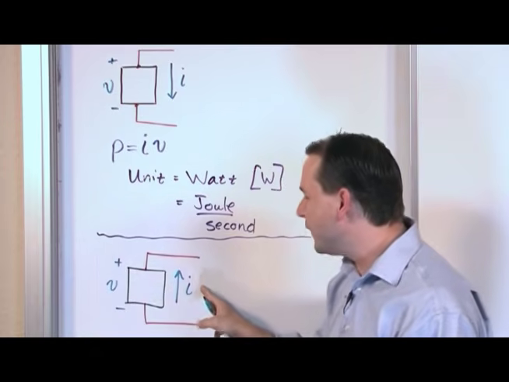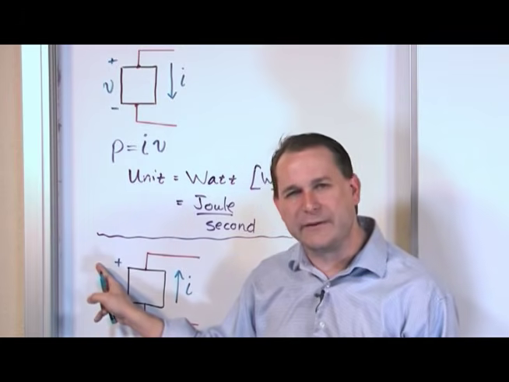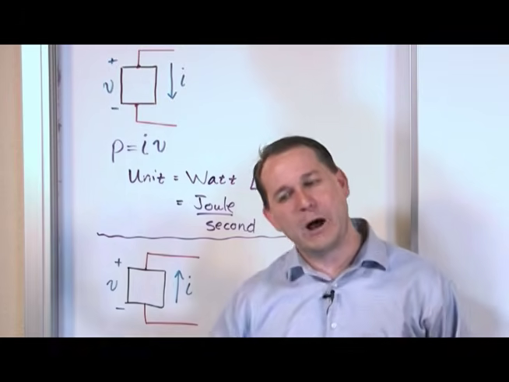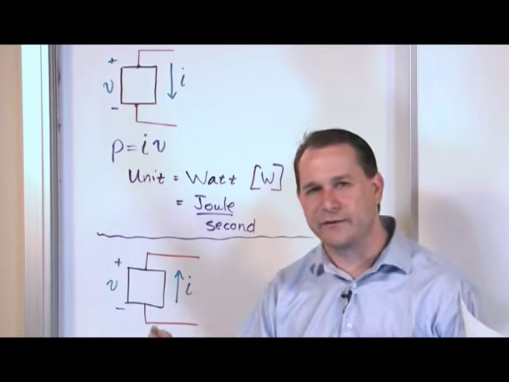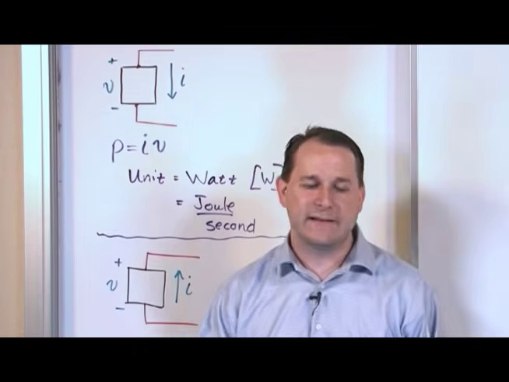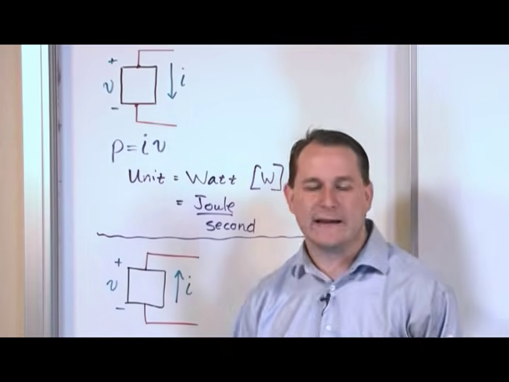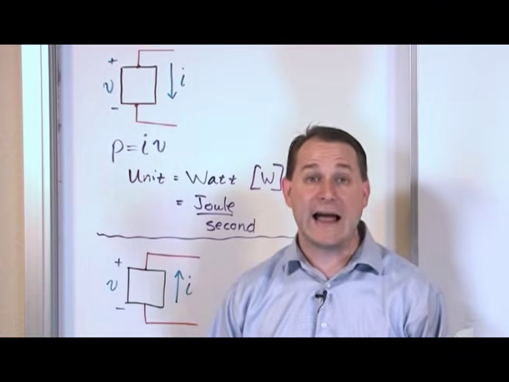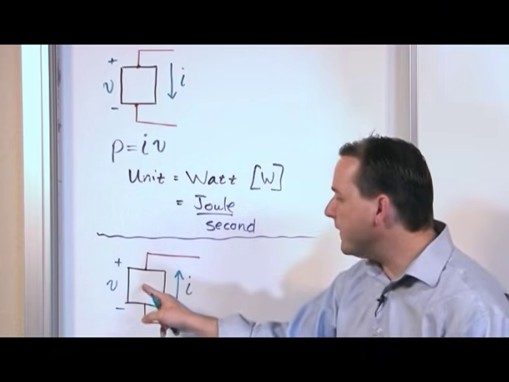The only way that current can go from the bottom of the mountain voltage up to the top of the mountain is if I have a pump pumping that water or whatever it is up to the top of a mountain. So we don't have pumps in circuits. The only way this can happen is if it's a source, if it's a battery that's pushing that thing out with a chemical reaction, or if it's a wall socket that's pushing that current out from the power plant. Something active happening. That's the only way this can happen.